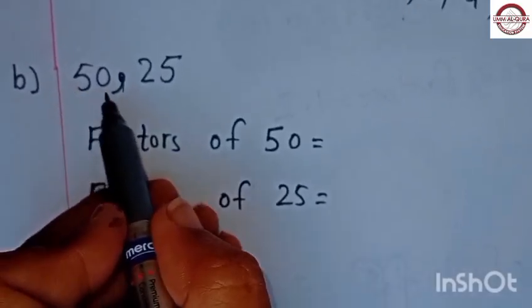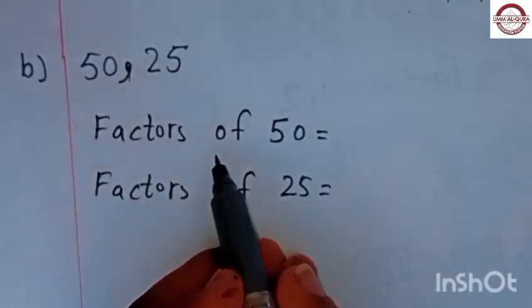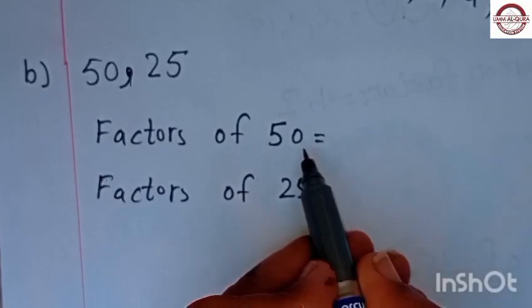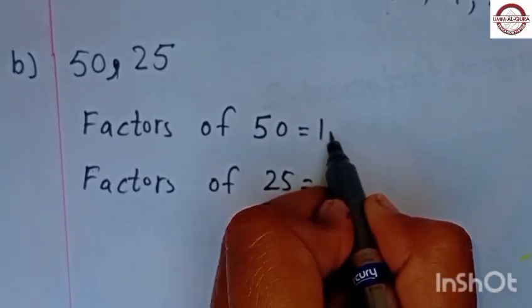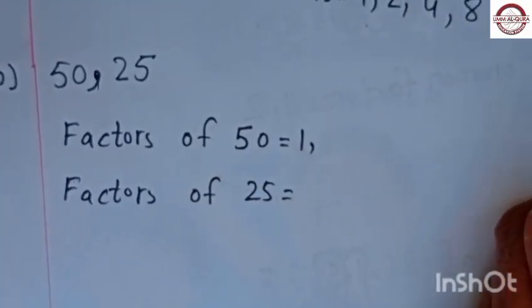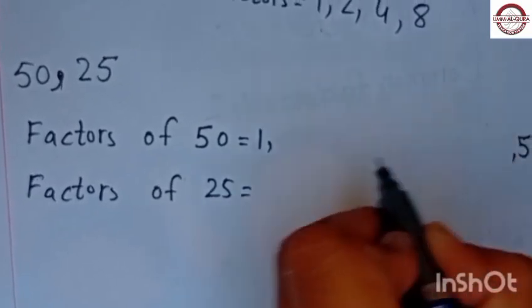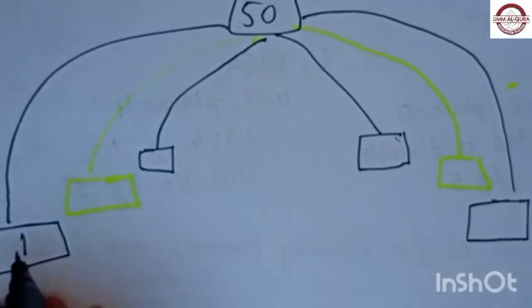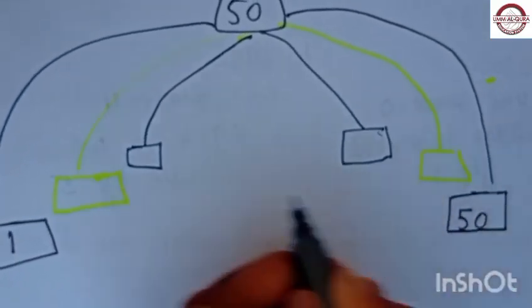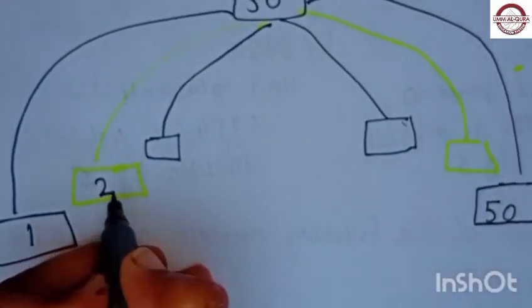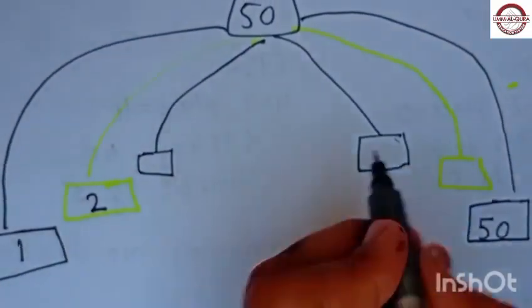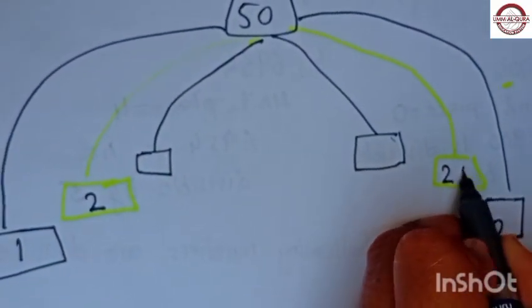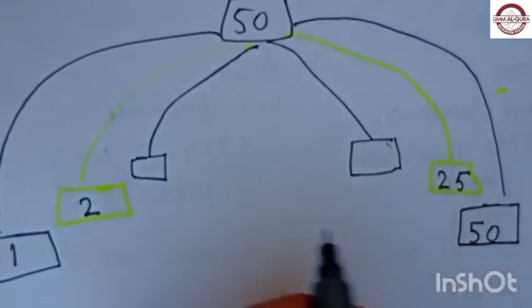In B part, we have values 15 and 25. First, factors of 50. 1 is a factor of every number, 1 and 50. Then, 2. When we divide 50 by 2, our answer is 25. 2 25s are 50.